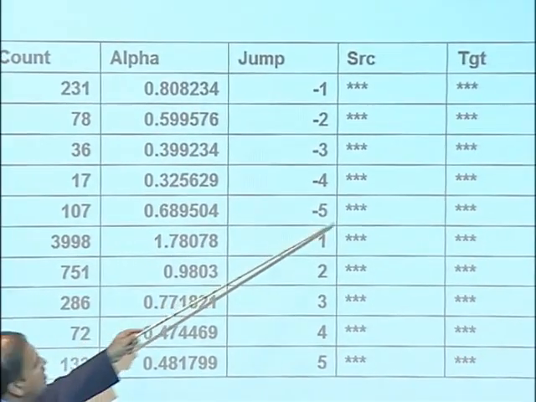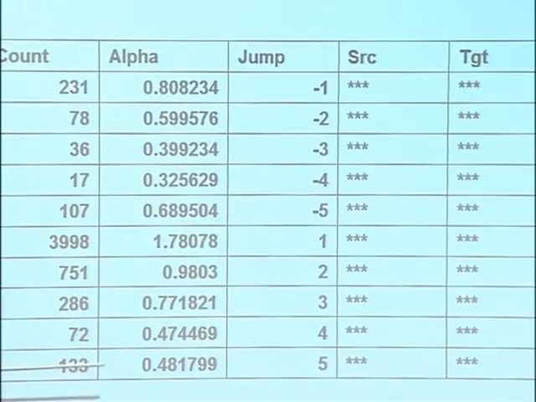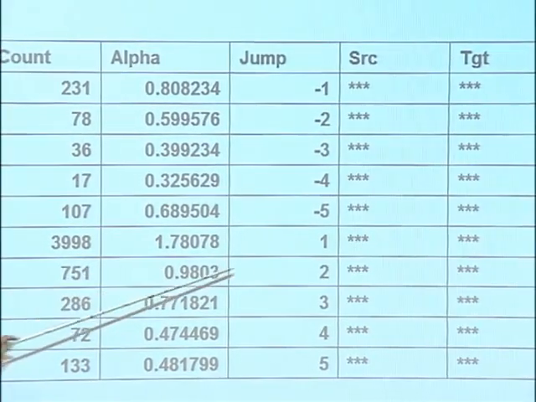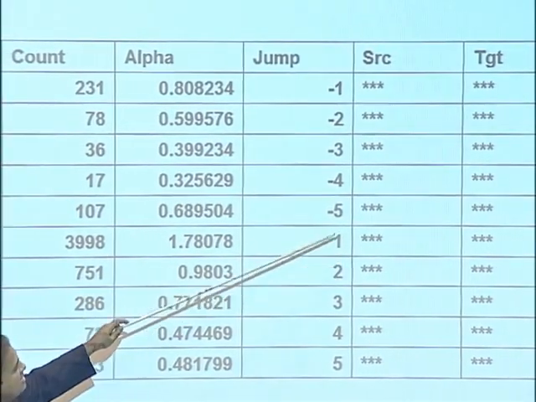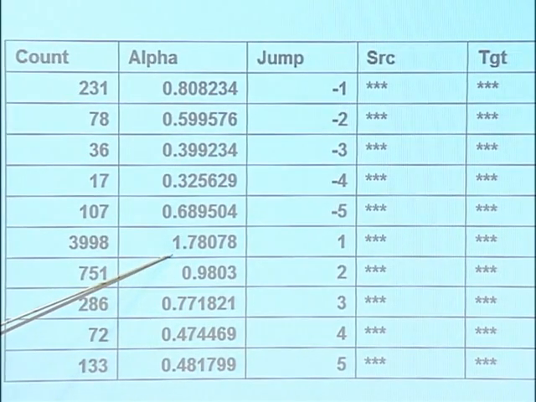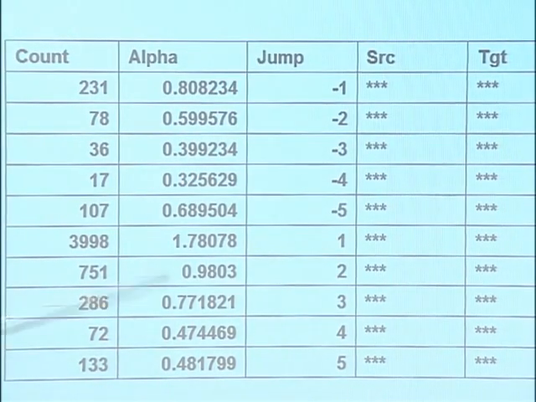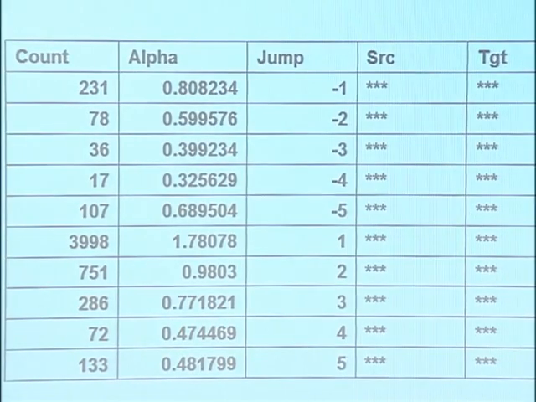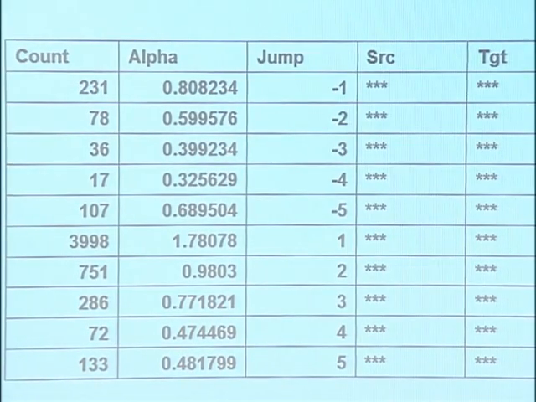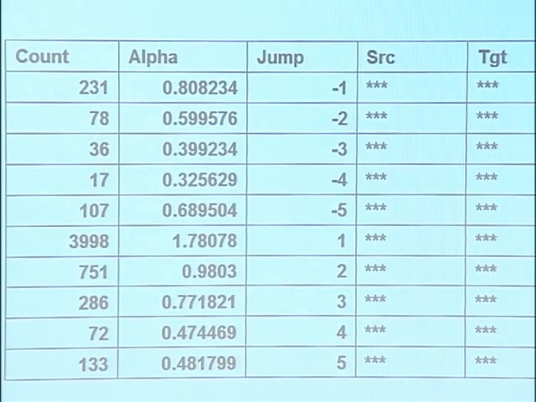What we do is count things according to our vocabulary, which is classed into star, star, star, and then we'll say it's a rare thing jumping by distance 1, and the system seems to like it because its alpha is greater than 1. If you jump by 2, it's pretty close to 1. It's probably okay. Everything else, it's saying it's not very good, which matches our intuition. And it also smooths the distortion model that's being used in the system.